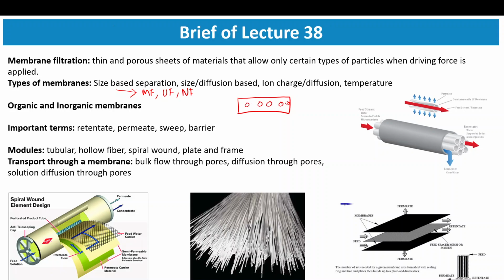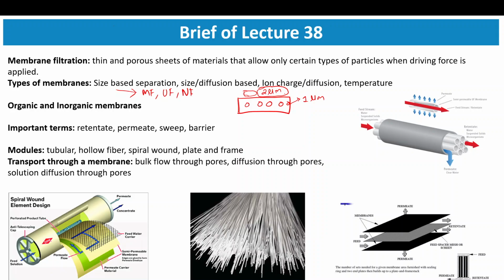If these are the pores and you have bacteria to be removed. Now this bacteria is of 2 micron almost size, and the maximum size of these pores on the ultrafiltration membrane can be 1 micron. So since this is bigger in size as compared to the pore size here, this bacteria will not be able to pass through the membrane. So this is the mechanism for size-based separation.